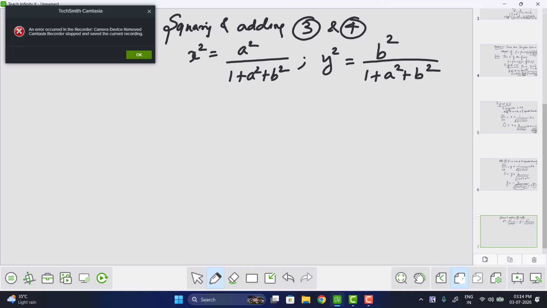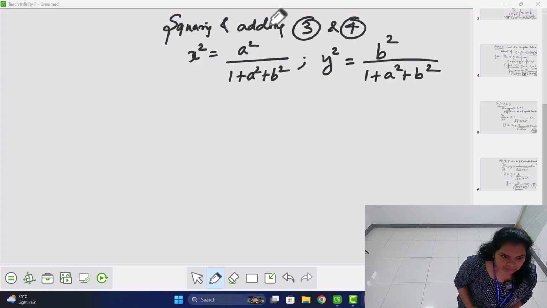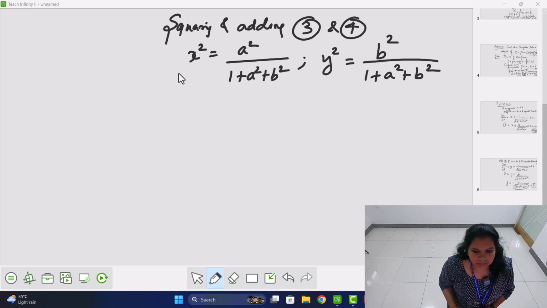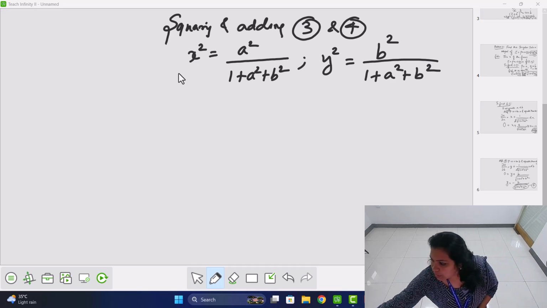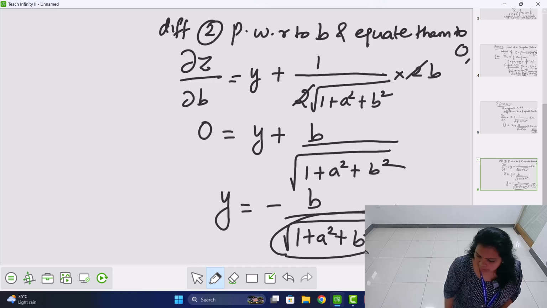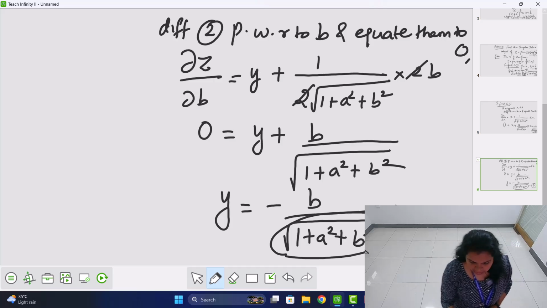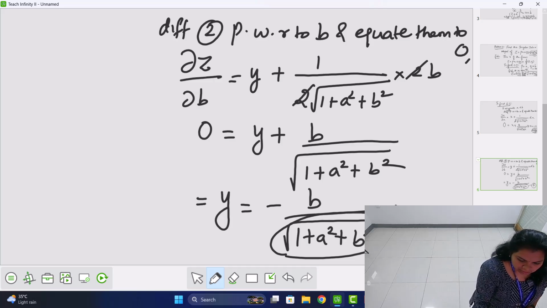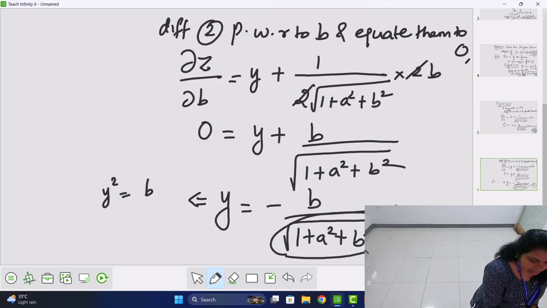Now if you look at equation 4, you have y equal to something. The value we have calculated, square it. So y square equal to b square by, square means you get 1 plus a square plus b square.